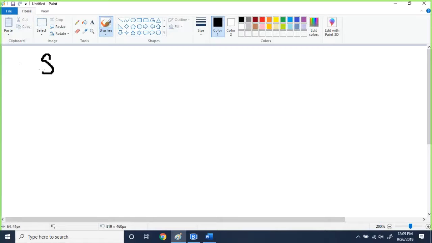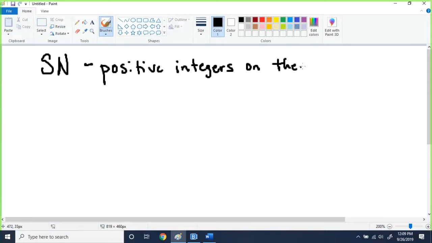So let's understand scientific notation. The first thing you would need to do is write down all the positive integers on the left side. With those positive integers, it's going to include a decimal.